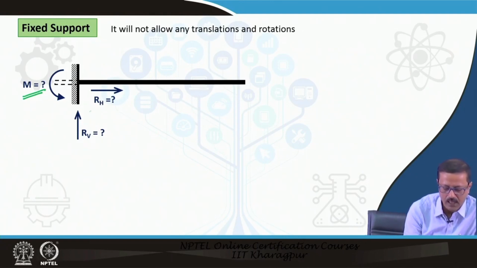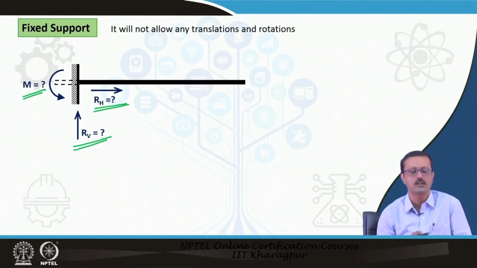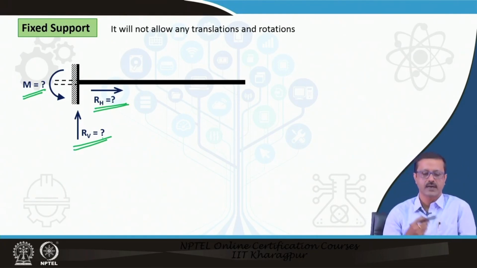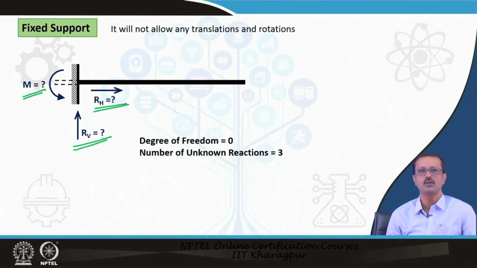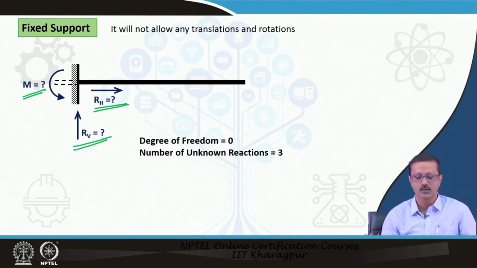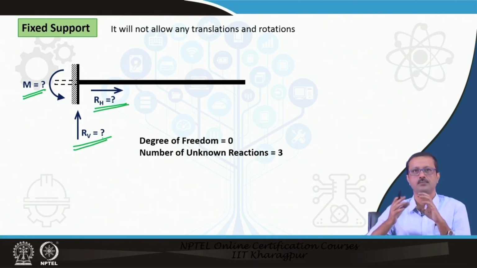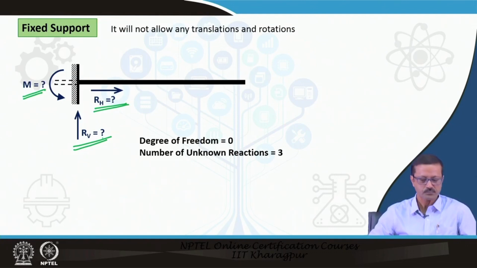It cannot allow any vertical or horizontal movement, so it will impart some vertical and horizontal reaction. Based on that it has no degree of freedom. So, the unknown is 3.